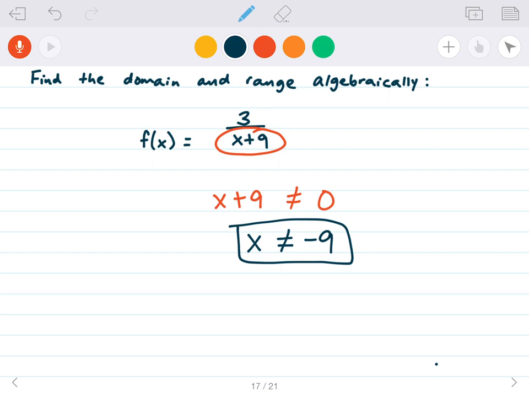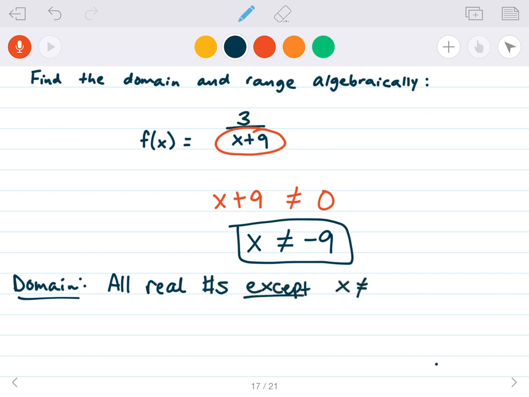So what is our domain? Our domain, if we want to write it properly, is all real numbers except x can't equal -9. For the range, I'm not going to go into how to find the range algebraically, because you can use a graph to do this.